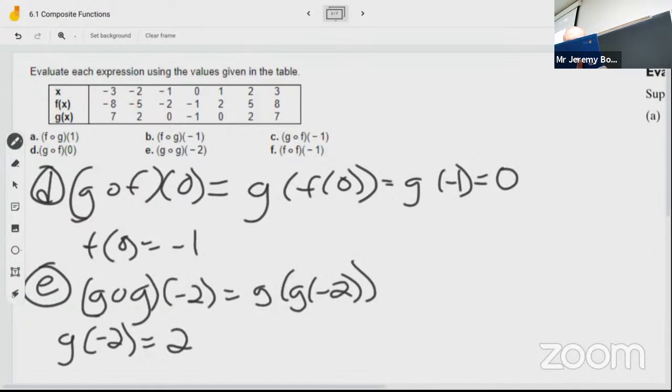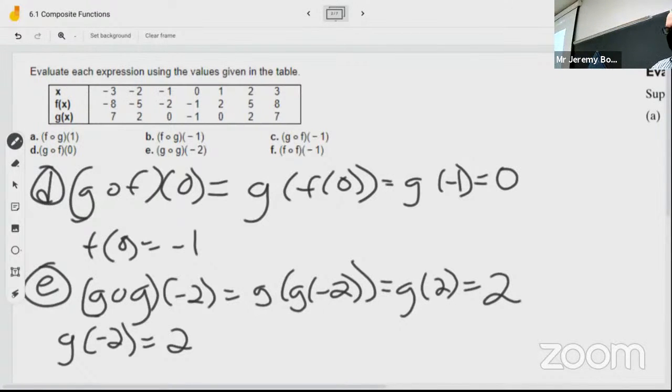And now we're going to do G of positive 2, which yields 2 again. Not always going to be the same number. It's just the way that our function ended up. G is a weird function. Any questions on that?